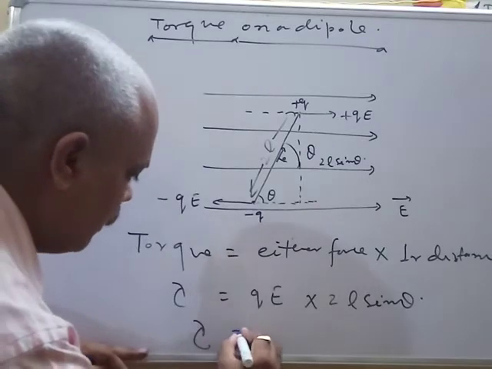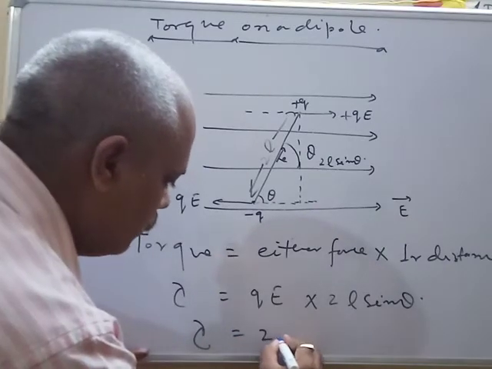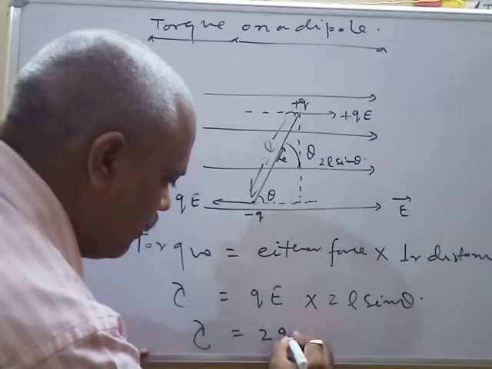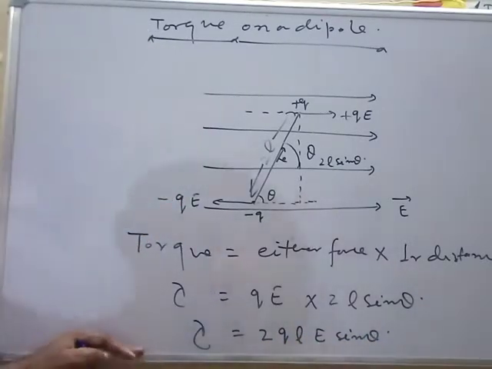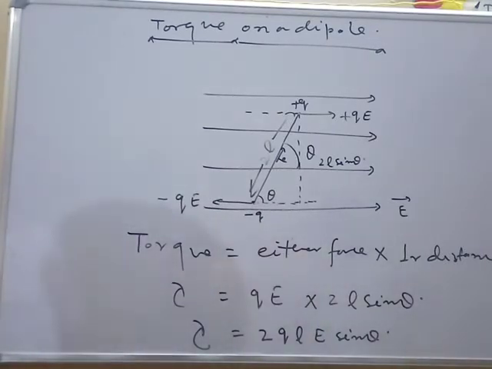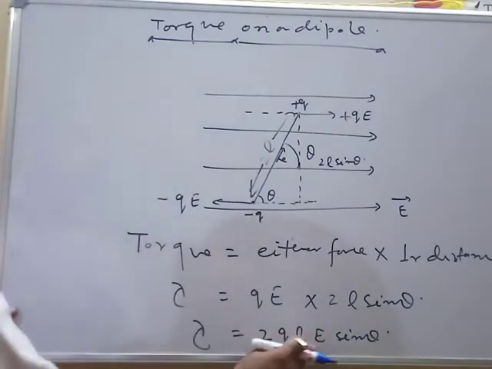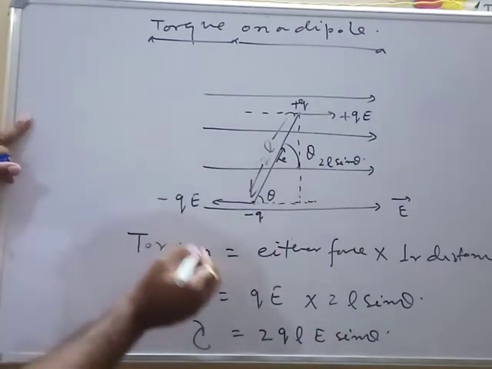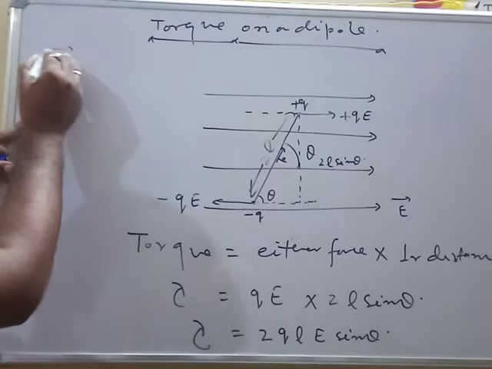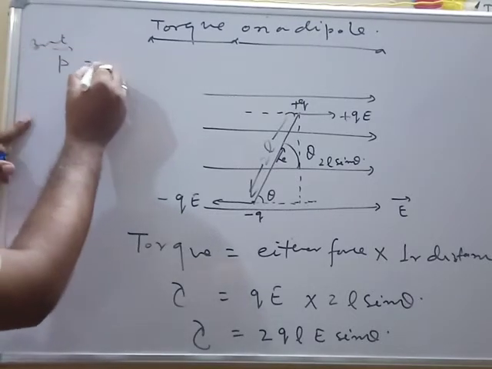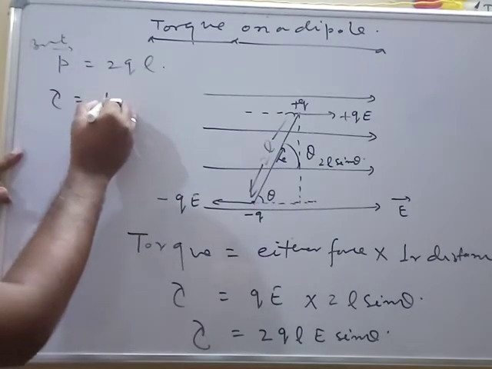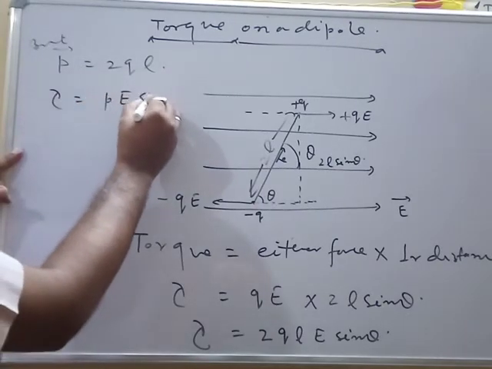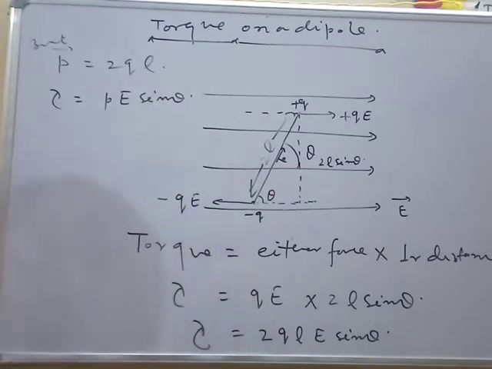Now torque tau equals 2qL E sin theta, but this 2qL is equal to P, since P equals 2qL, and therefore tau equals PE sin theta.